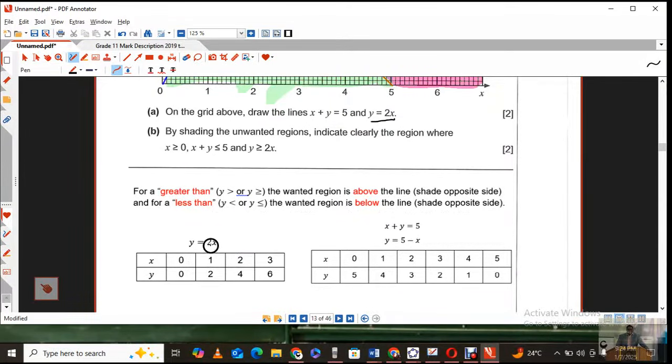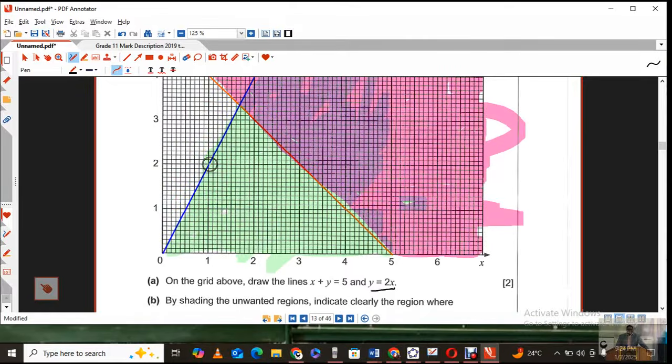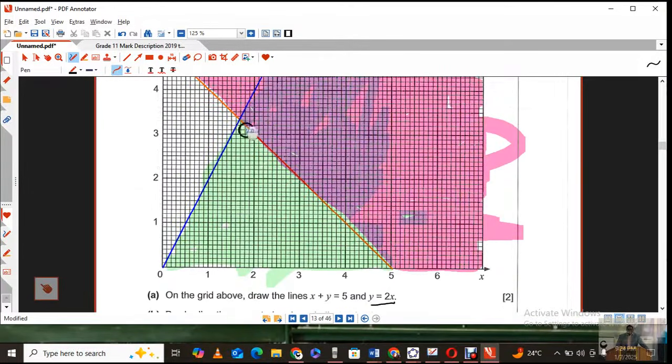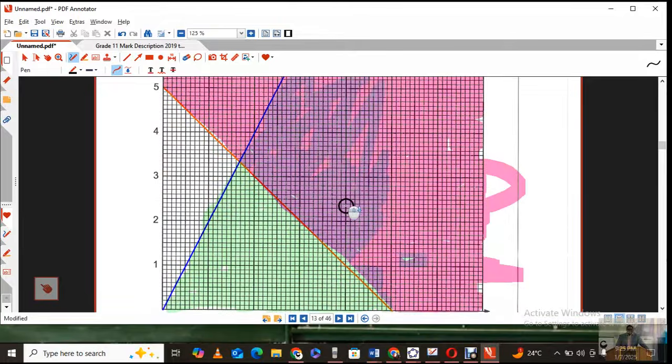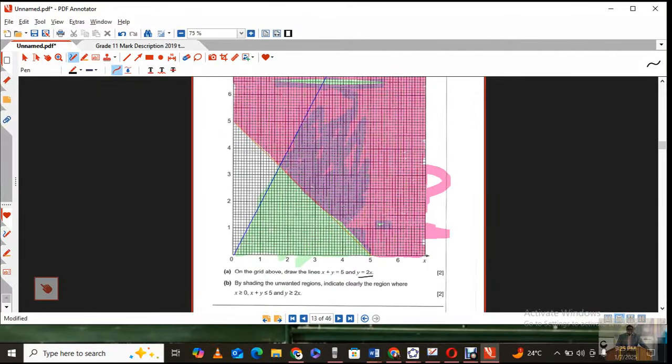If x equals 2, 2 times 2 is 4, and so on. So I have these points: 1, 2, then 2, 4 and 3, 6. Now that I've plotted them, I can draw that line. So that's how that line should have looked if you were to draw it.